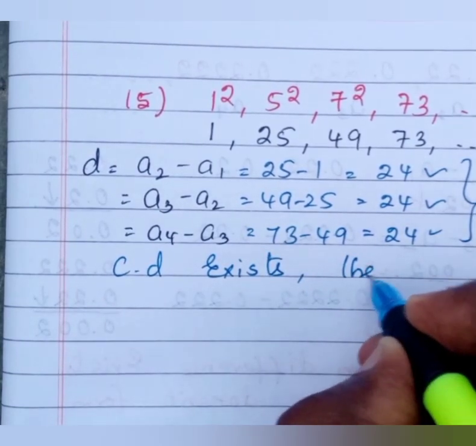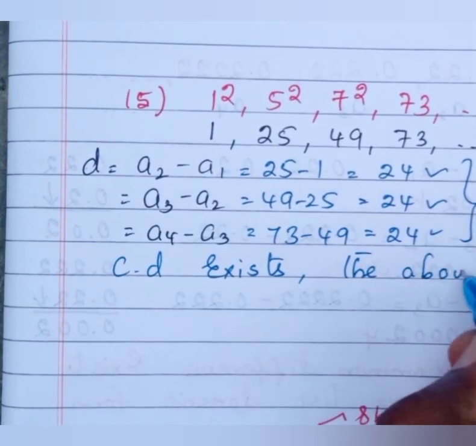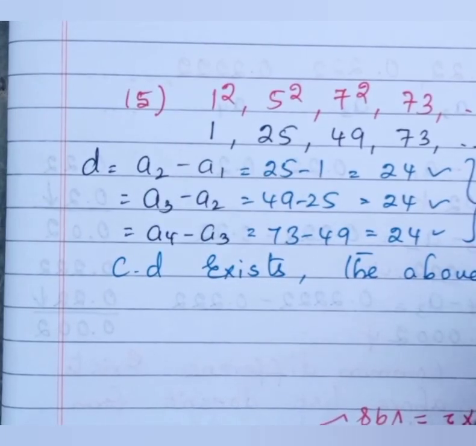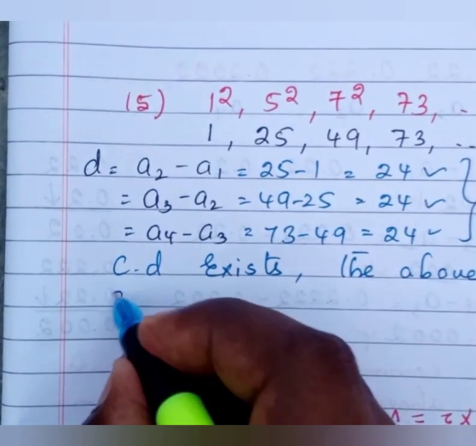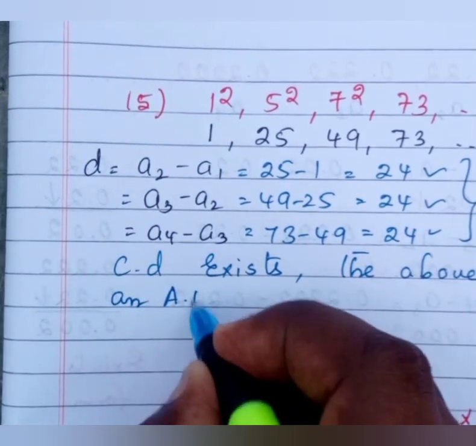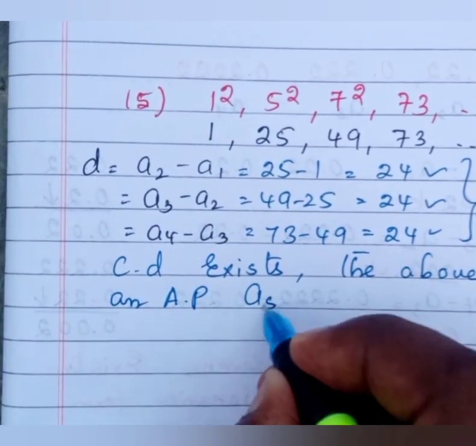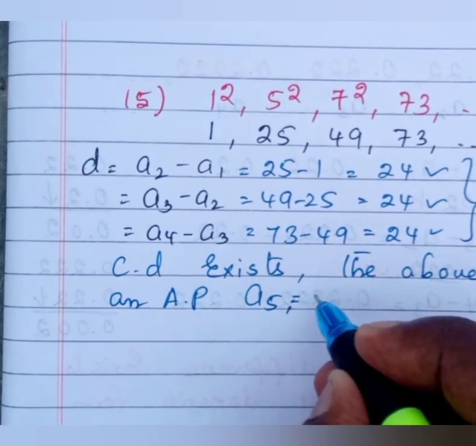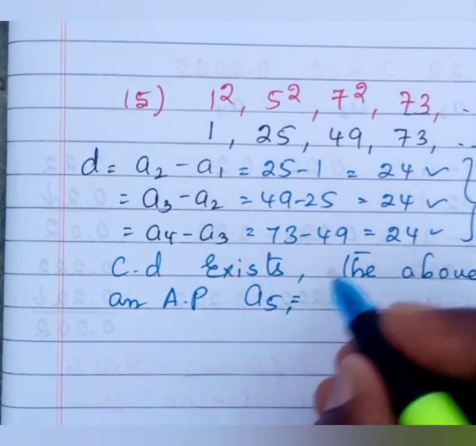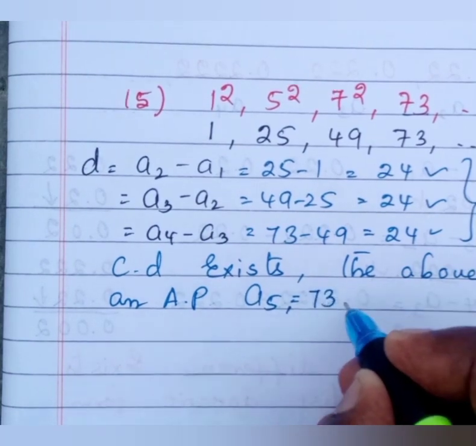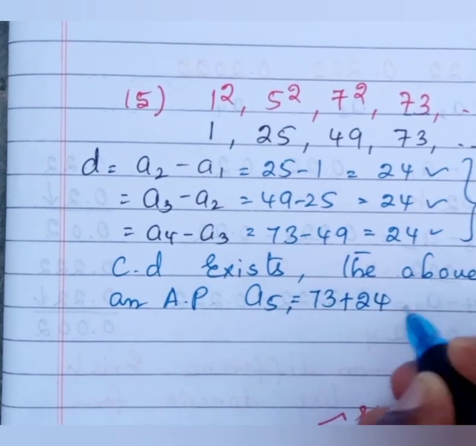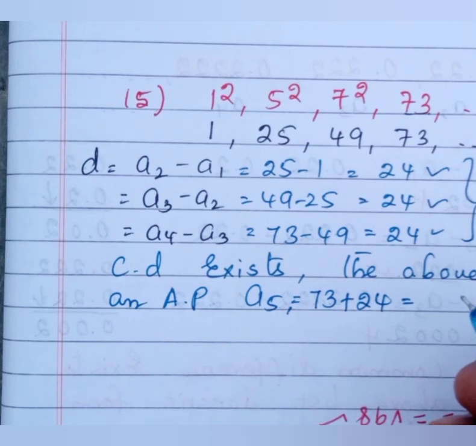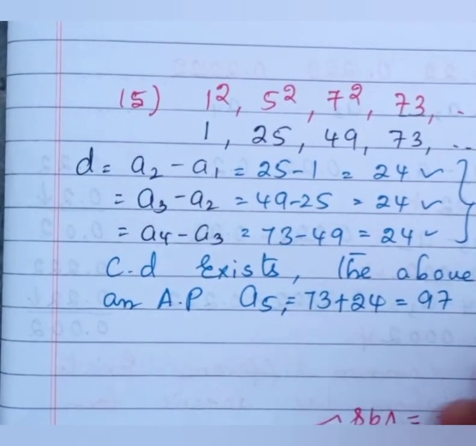Now we should find out a5, a6 and a7. What is a5? a5 is a4 plus d. a6 is a5 plus d. a7 is a6 plus d. Now a5 equals a4 plus d. What is a4? That is 73, plus d which is 24. 73 plus 24 will give you 97.